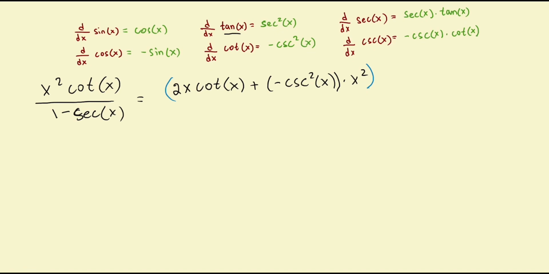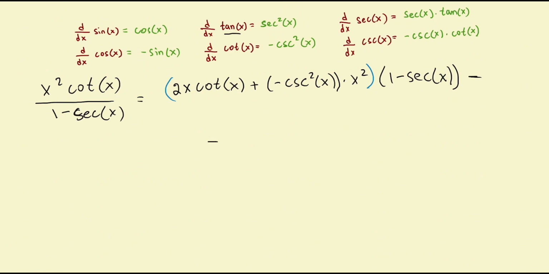Now we're going to multiply this by the denominator, 1 minus secant x, minus derivative of the denominator. I'm going to write it here.